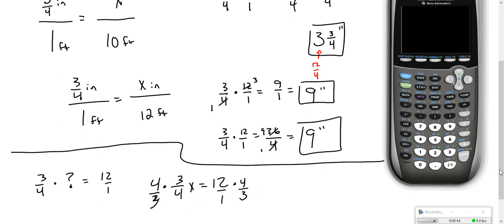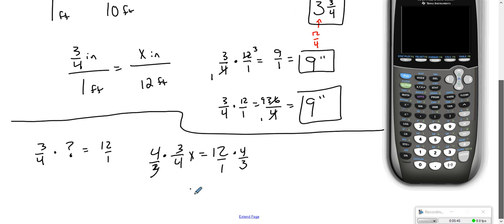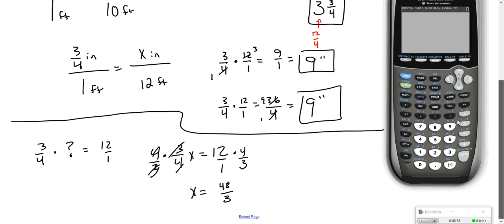If I go that route, I get x on this side because those cancel. And on this side, 12 times 4 is 48 over 3. I think 48 over 3 should come out evenly. I think 3 does go into 48, I think it's 16 times. 48, can that be divided by 3? It sure can. It's 16.